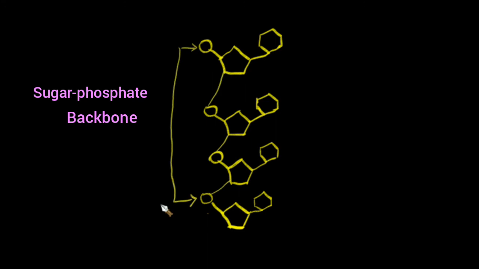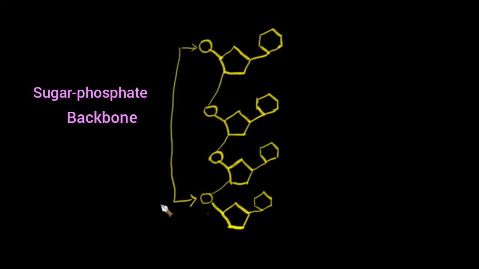This same phosphate group then attaches to the carbon number 3 of the nucleotide above, and this repeats itself all throughout the length of the polynucleotide. This forms a long chain of polynucleotide, made up of a sugar phosphate backbone, which forms our nucleic acid.